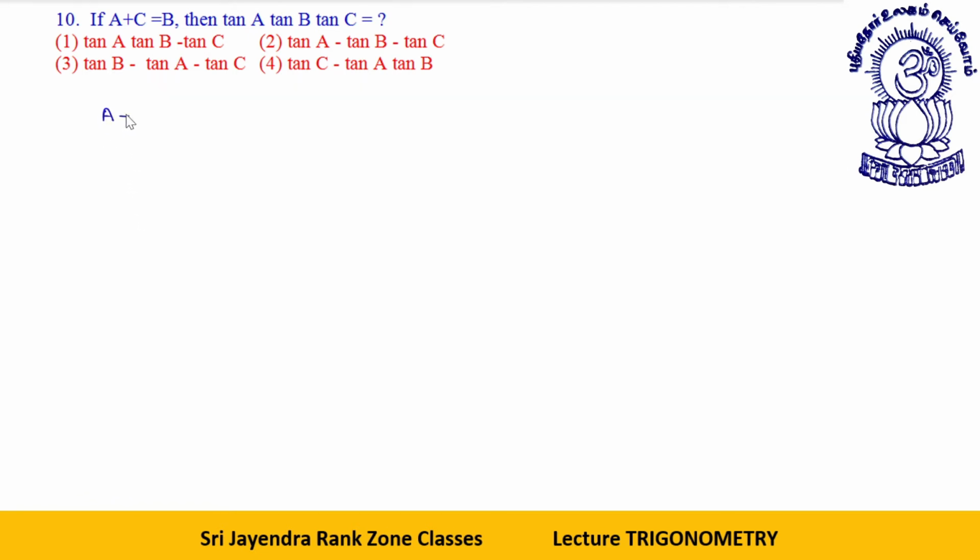You have A plus C equal to B, and you require the product of tan A, tan B, and tan C. How will I proceed towards it? I apply tan on both sides.